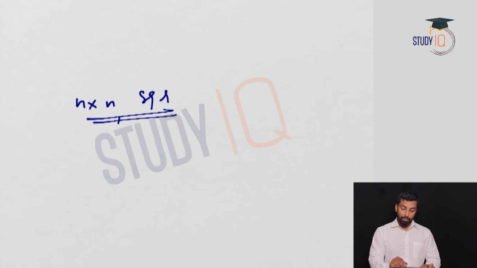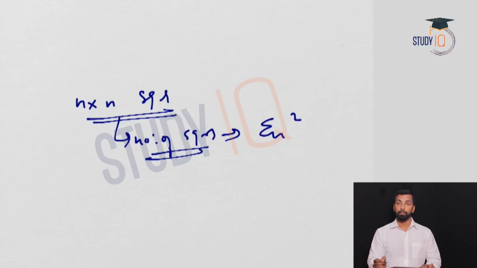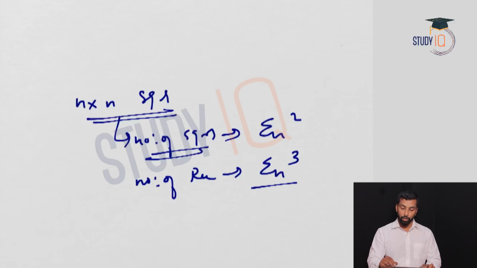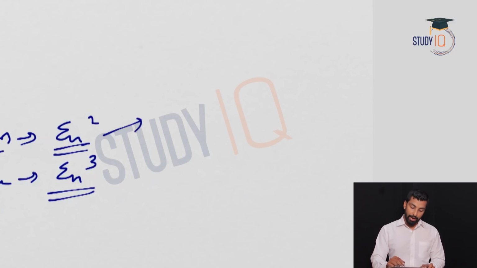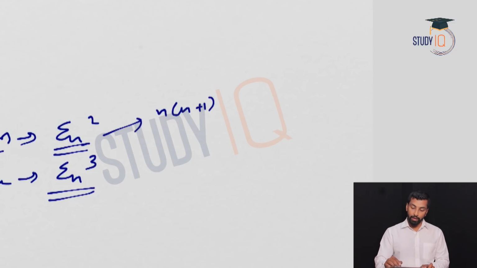So if I give you an n into n square and ask the number of squares in this, what is your answer? Sigma n square. If I ask you the number of rectangles in this n into n square, what is your answer? Sigma n cube. You know what sigma n square is, right? n into n plus 1 into 2n plus 1 divided by 6.